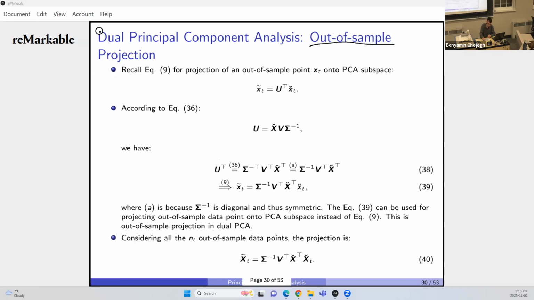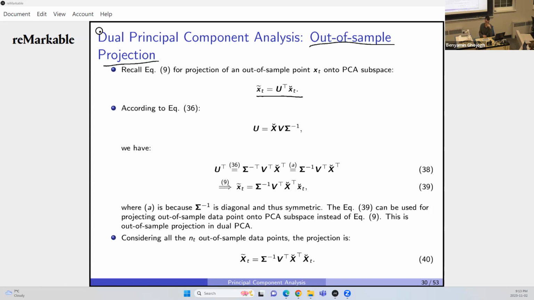Now, out-of-sample projection for test data. Again, what happens? So we know that xt tilde was U transpose xt breve, right? Where xt breve is the centered test data, centered by the mean of training, right?